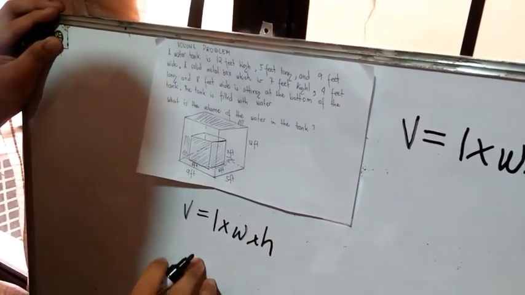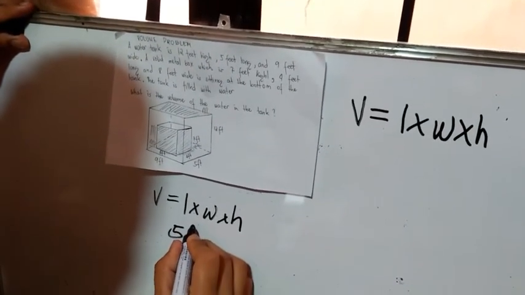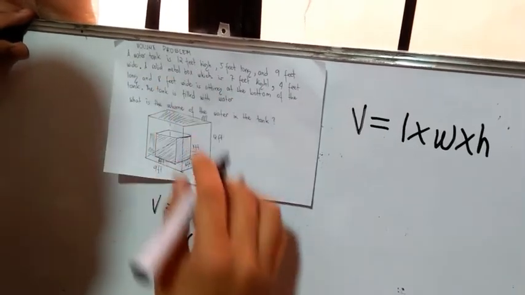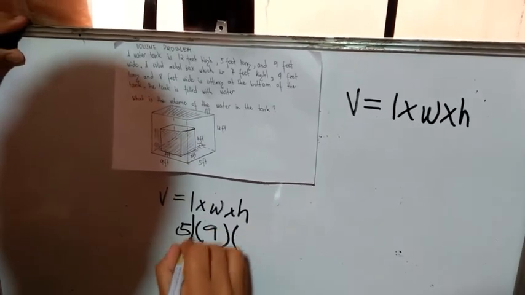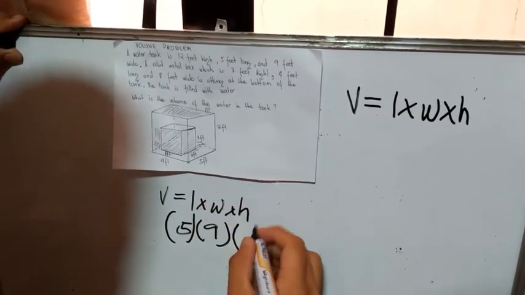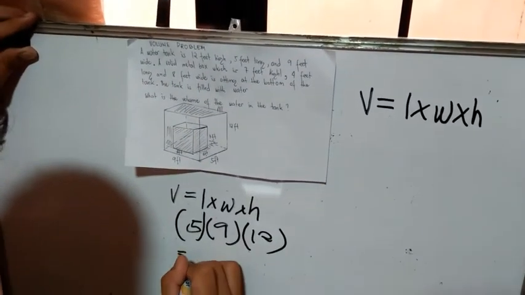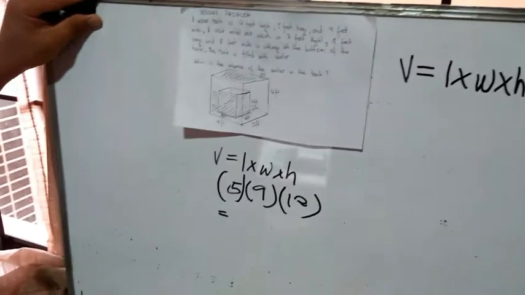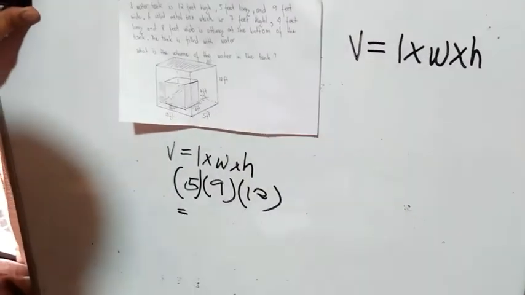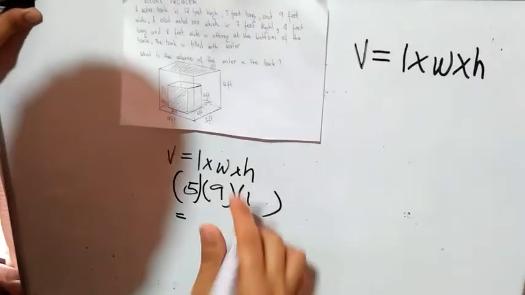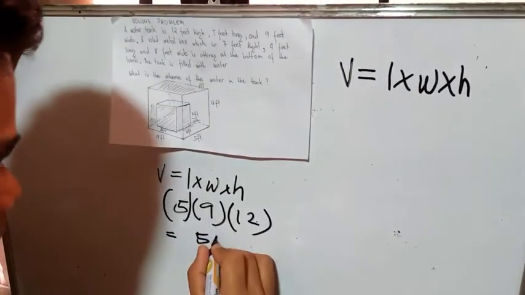Since our length is 5 feet times 9 feet and our height is 12 feet, just multiply each. So 5 times 9 is 45 times 12 equals 540 cubic feet.